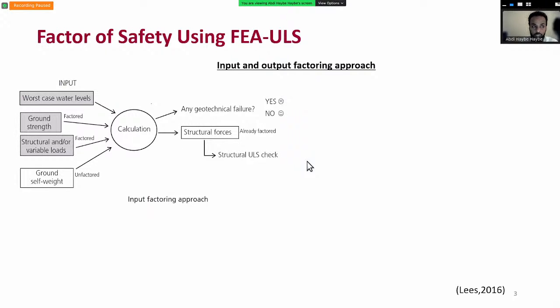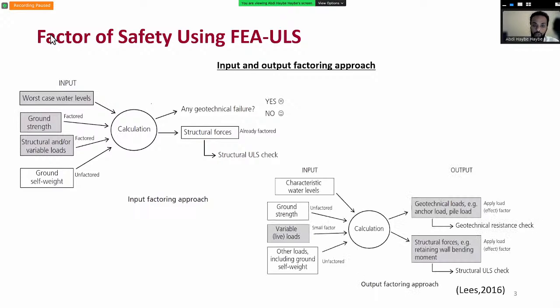Input factoring is suitable for problems that involve equilibrium of the ground, such as embankments, slopes, and retaining structures, while output factoring is suitable for structures that face interface failure types, such as piles and ground anchors.